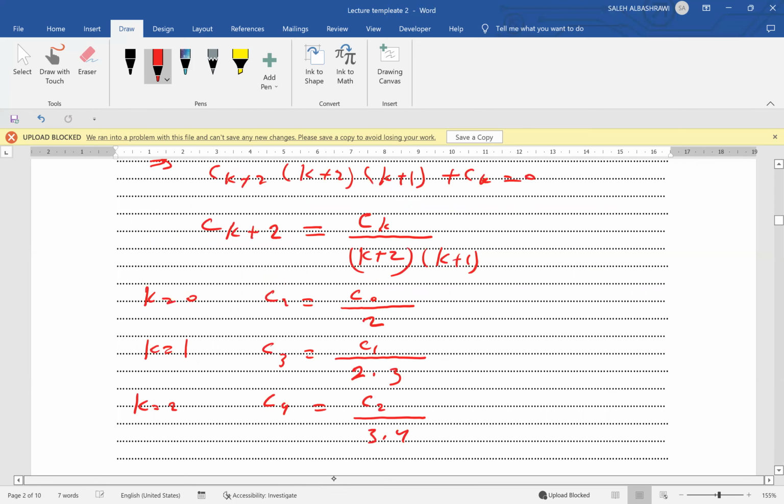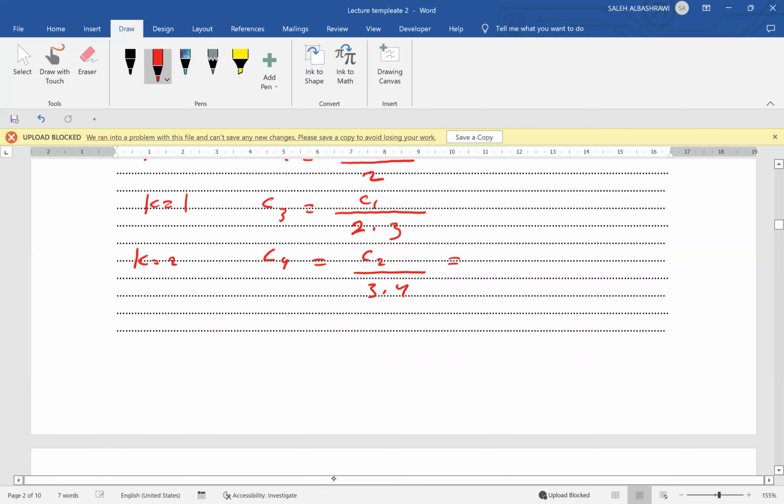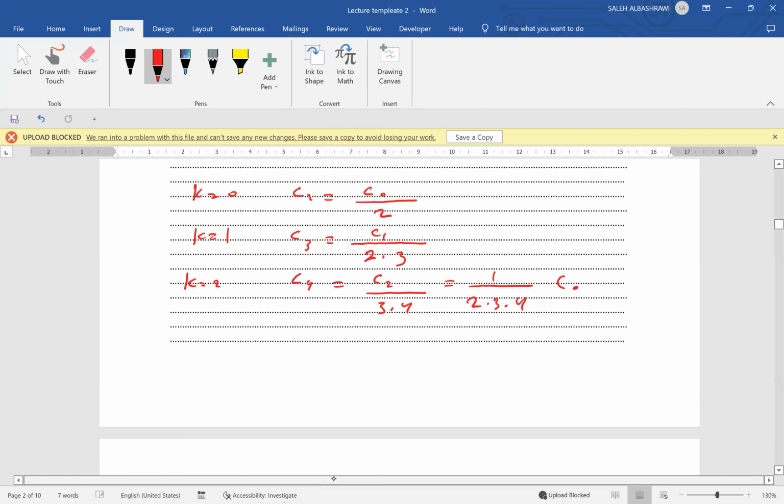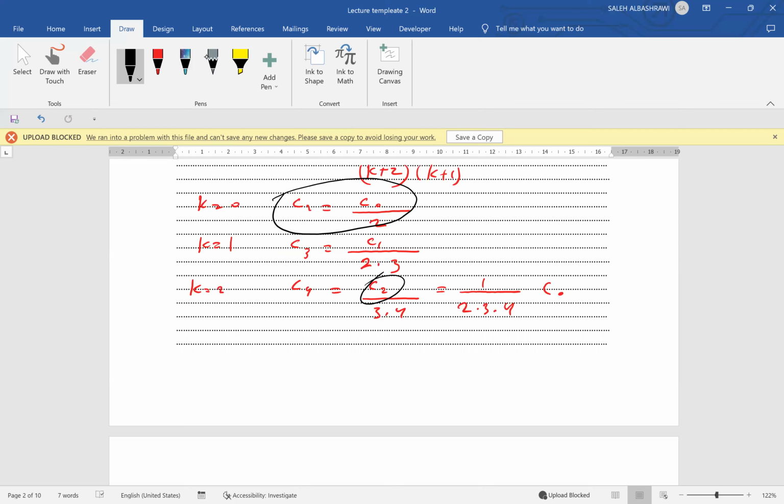But C2 is given by C0. So this will be 1 over 2 multiplied by 3 by 4 C0. Again, I know that C2 is given by this relation, 1/2 C0. So C4 is equal to C2, just replace C2 by 1/2, times 3 times 4.